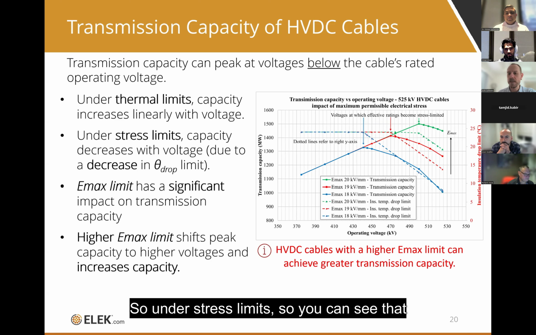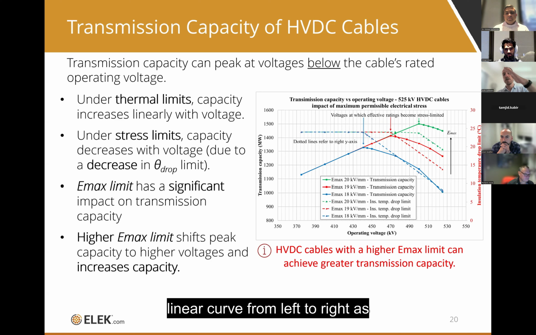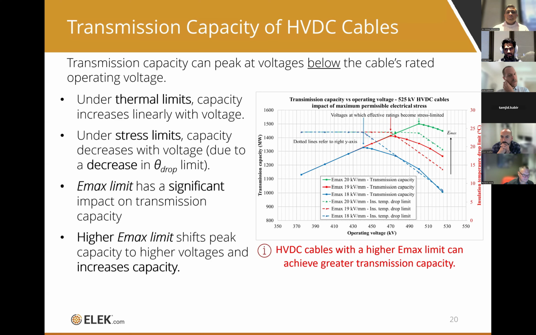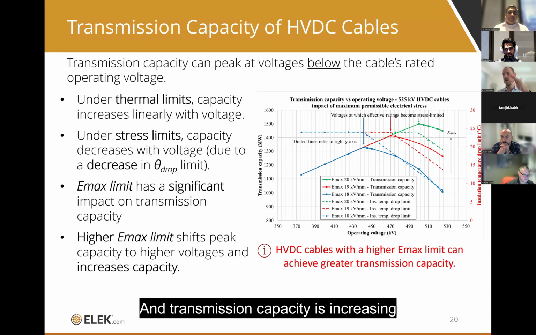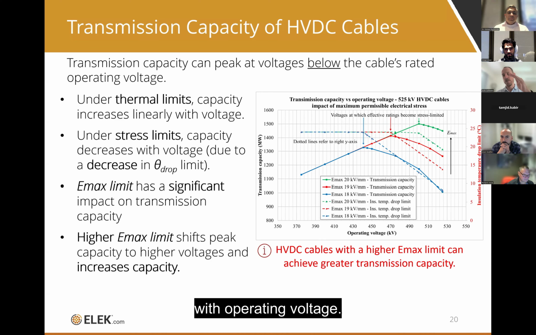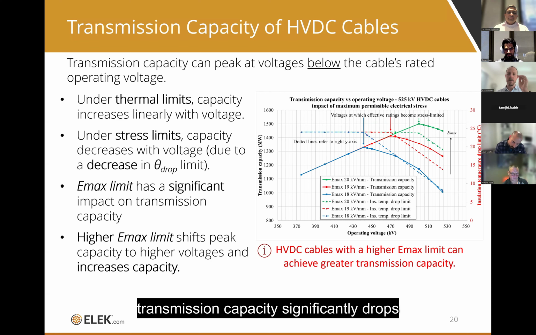You can see that linear curve from left to right as operating voltage increases and transmission capacity is increasing with operating voltage. But once we reach that electric stress limit, then transmission capacity significantly drops off as we increase operating voltage.